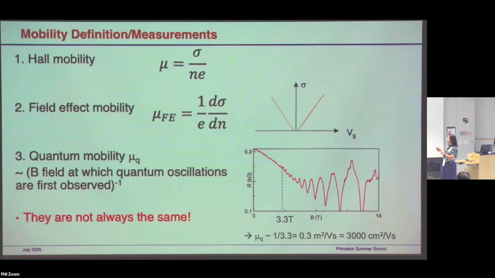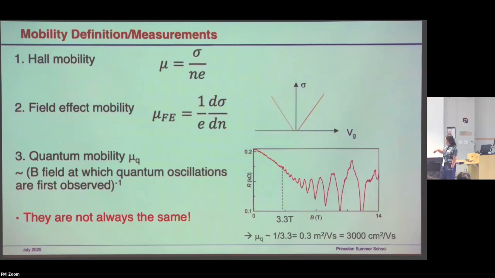So a lot of times field effect mobility will overestimate in semiconductors, because there's also a contribution to the slope from turning on the channel, and that makes it look steeper than it actually is. So when you read the literature on semiconductor mobility values, take them with a grain of salt. These values can be very different.